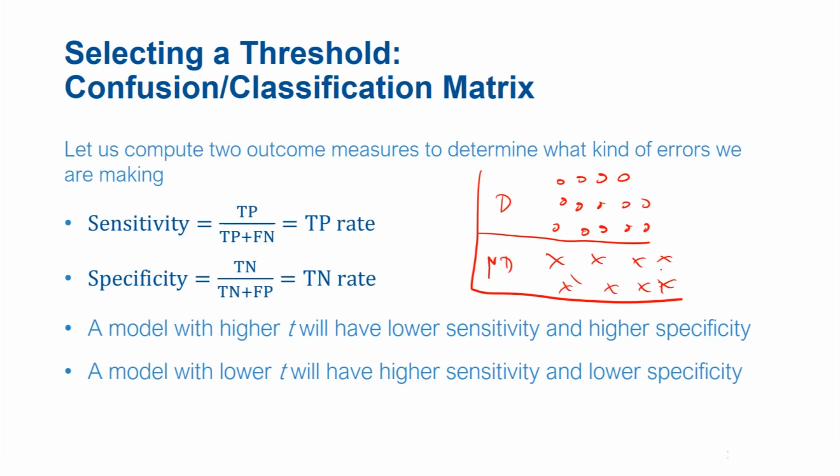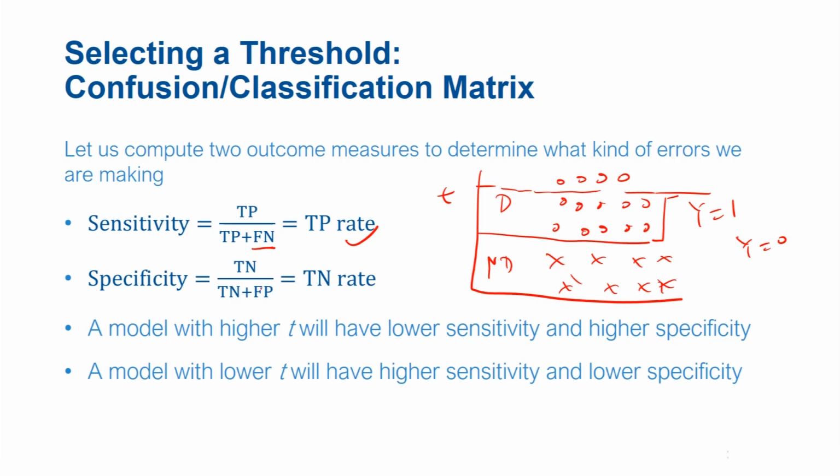And remember, we said that if you pick a very high value of t, let's say 0.8, there's a high possibility that some of the default cases, or y equal to 1s, will be incorrectly classified as y equal to 0s. That means a high false negative rate. Because your false negatives are larger, your sensitivity will be low.